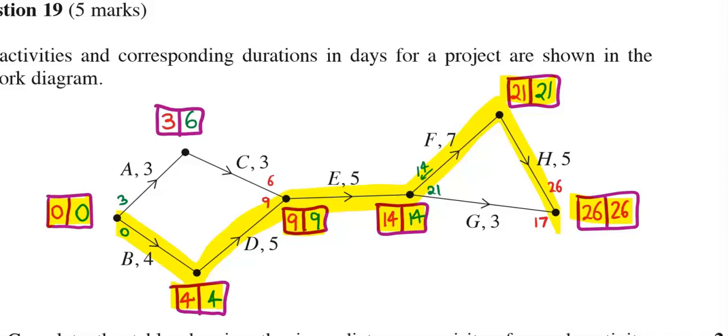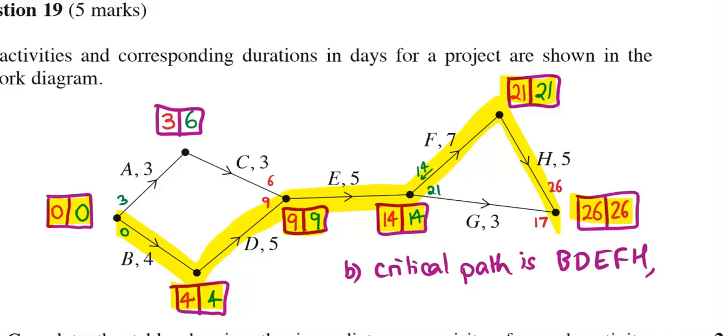So my answer to part B, critical path, is B, D, E, F, H, and the minimum duration is 26 days.